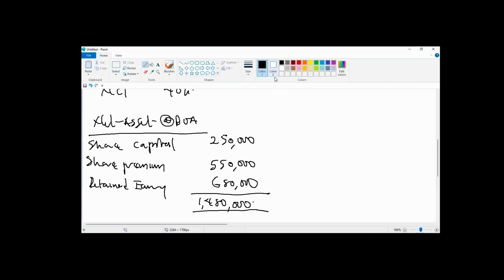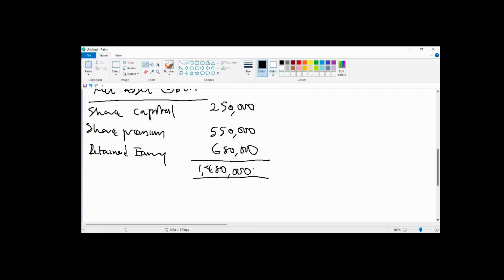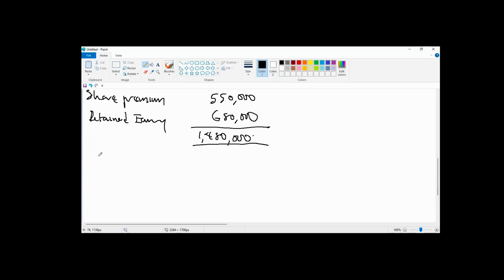Now, the subsidiary shares were quoted at a stock exchange at 180 kobo. He has given me the market price per share of the subsidiary, which is an indication of its fair value.